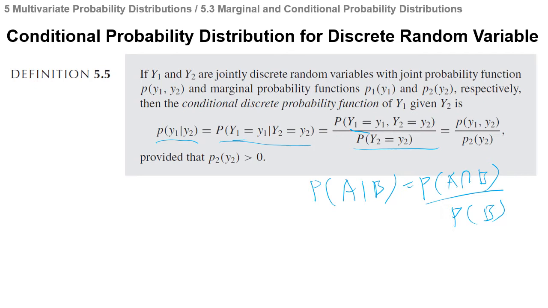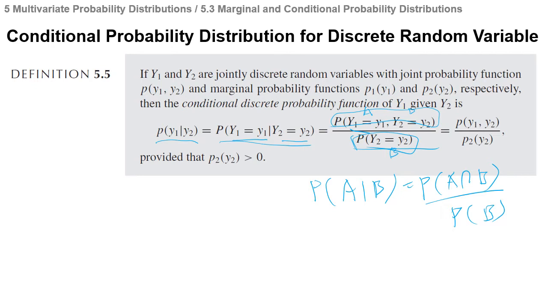A given B, and this is the intersection, and actually they are the same. Why?